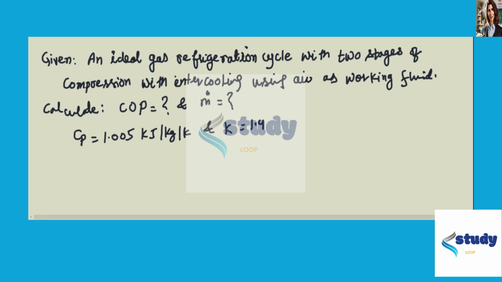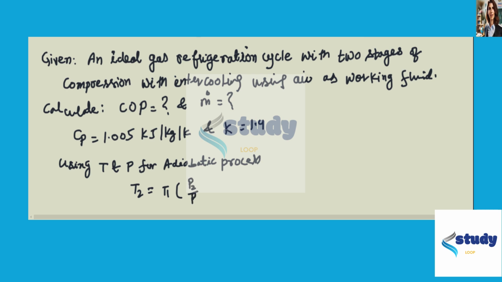Using temperature pressure relation for adiabatic process, we can write temperature of second state to be T2 = T1 (P2/P1), that is compression ratio of pressure, whole to the power (K minus 1)/K.